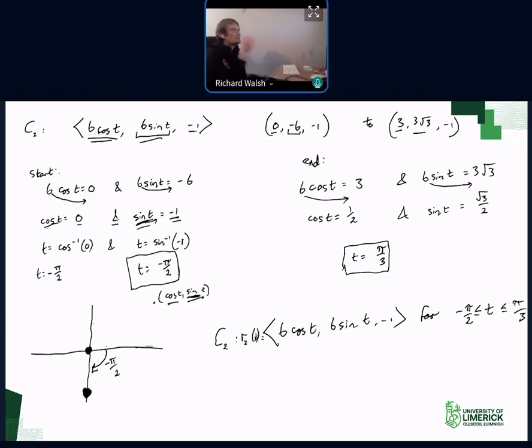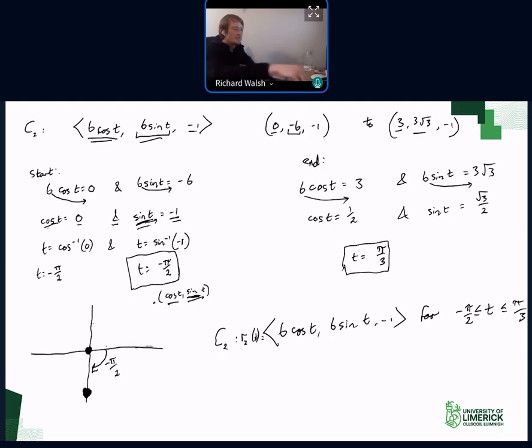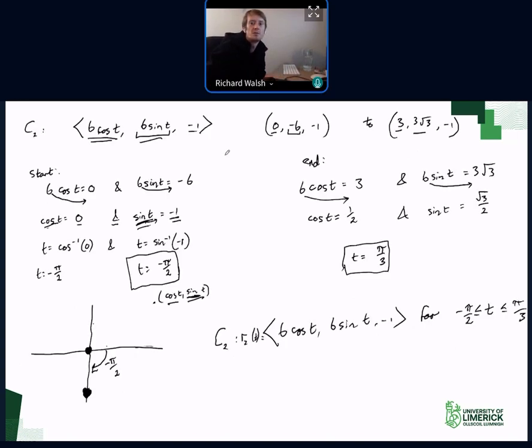Why does the start point end up in minus pi? So because both of these things, maybe it didn't make that clear. I'll take that down again. 6 cos of t, 6 sine of t, minus 1. And it was from 0, minus 6, 1, minus 1 to 3.